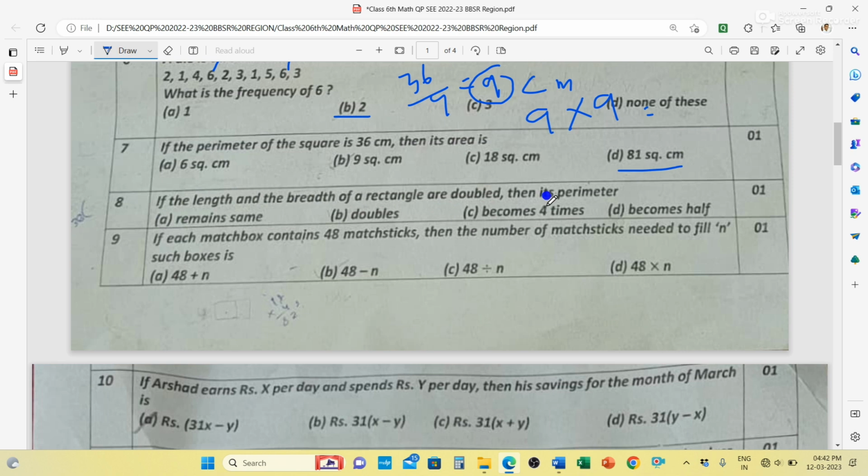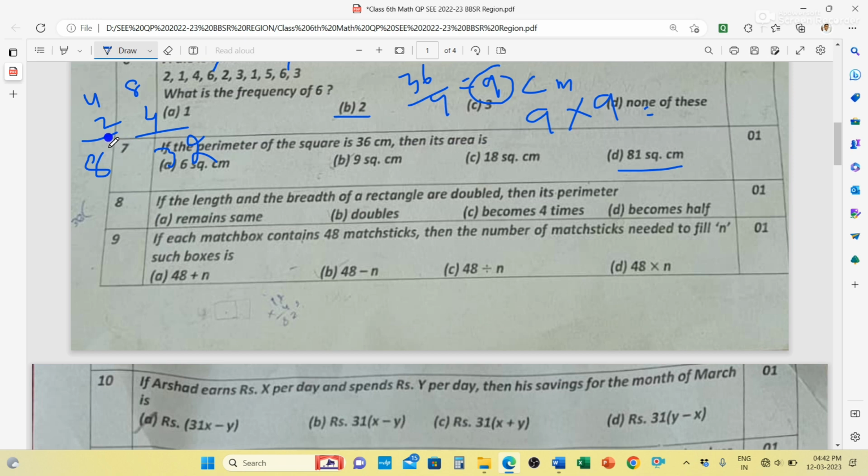Then, if the length and the breadth of a rectangle are doubled, then its perimeter. Okay, first, for example, we will take a rectangle of length 4 and breadth 2. What will be its area? Length into breadth, 4 into 2, 8 square unit. Now we will double its length and breadth. So length will be 8 and breadth will be 4. Now the area of the new rectangle is 8 4s are 32.